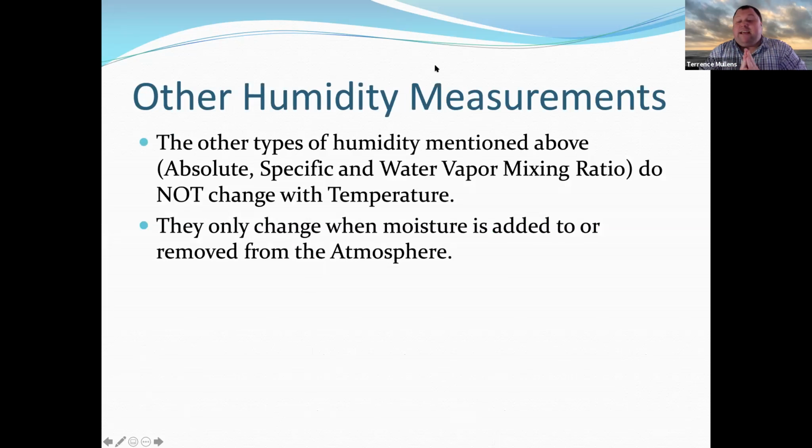This is very unique compared to the other humidity measurements. Last week, I very briefly talked about 3 other types of humidities: absolute humidity, specific humidity, and water vapor mixing ratio.